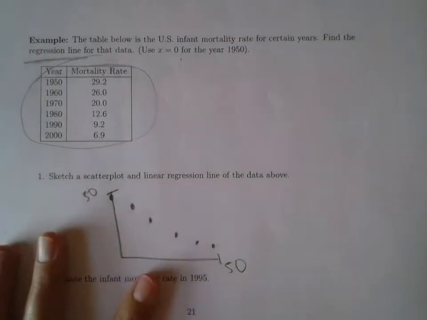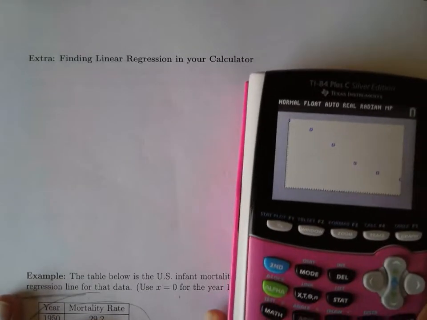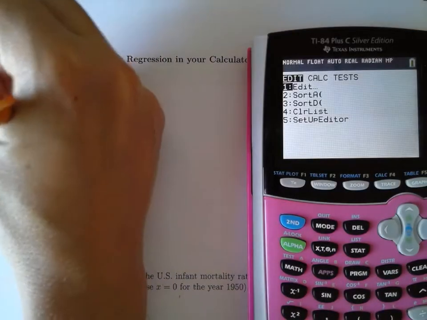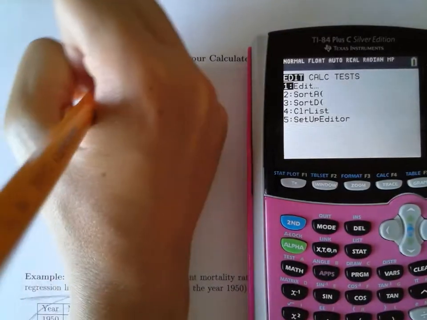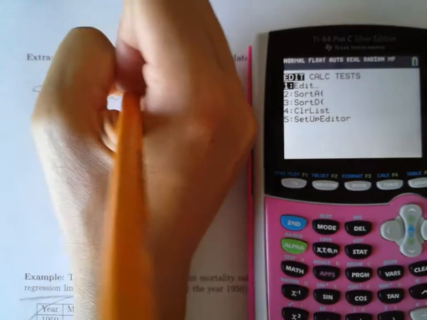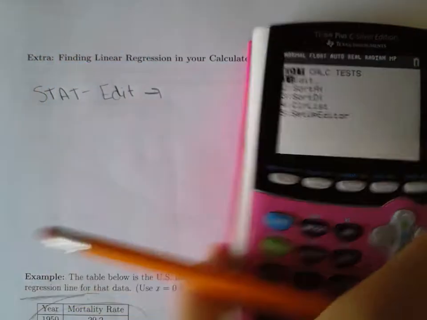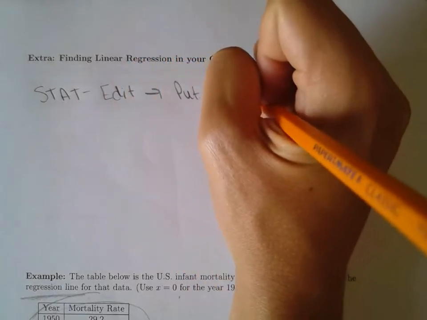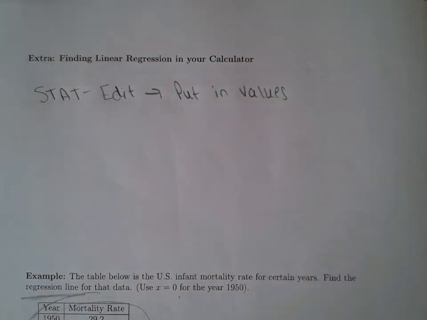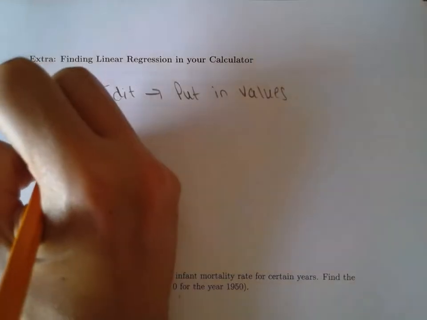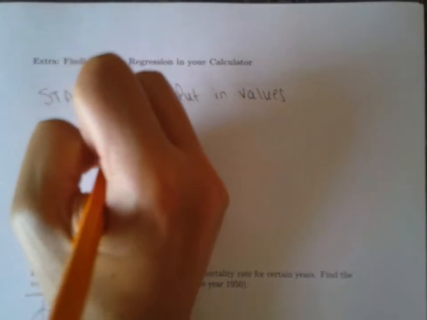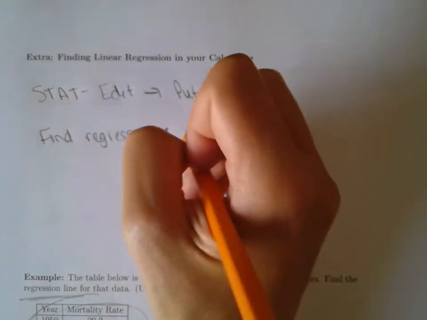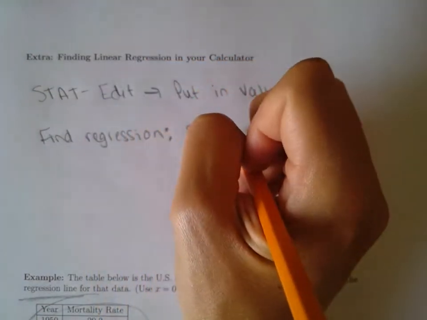Going back up here, I'm going to write out the steps. You're going to go to Stat, Edit, which we did, and then we're going to put in values. We've already done that. Now to find regression, we're going to go back to Stat.